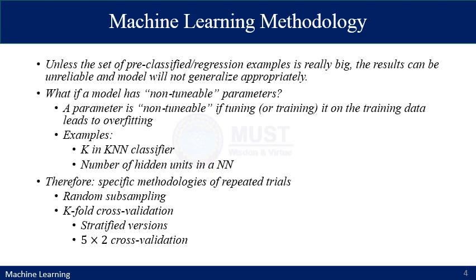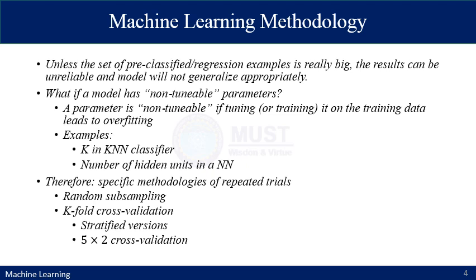Or for example, you can have a different number of units in a neural network. If you have more neural network layers and fewer data examples, your model will likely overfit. Therefore, to overcome these problems, specific methodologies of repeated trials are used.